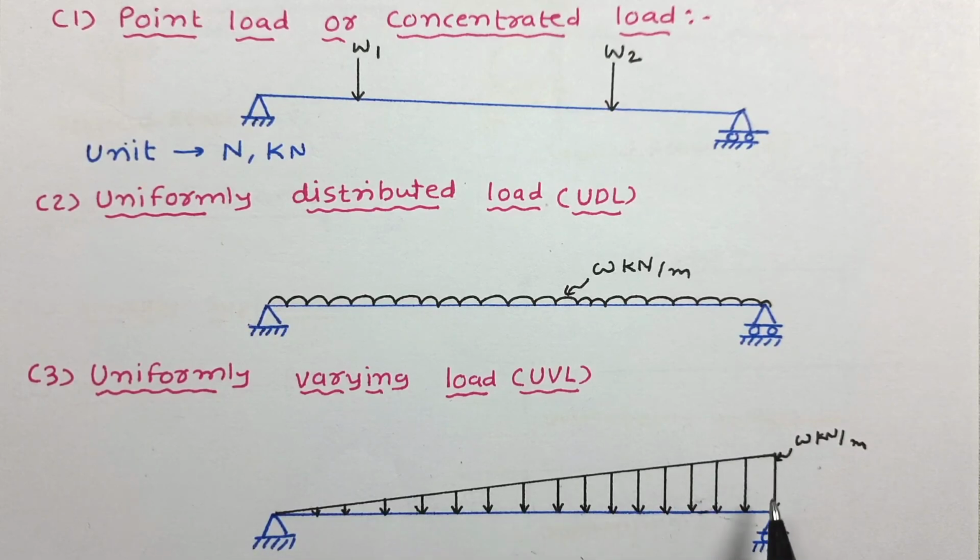It is also called triangular load. For solving numerical problems, this load is converted into a point load by calculating the area of the triangle, and it is assumed that it is acting at the two-third distance from its left support. These are the types of load acting on the beam.